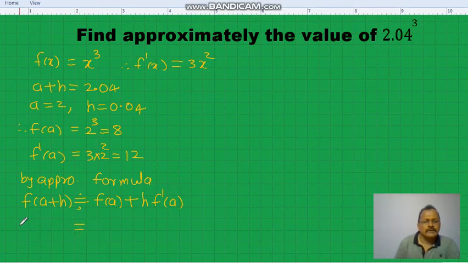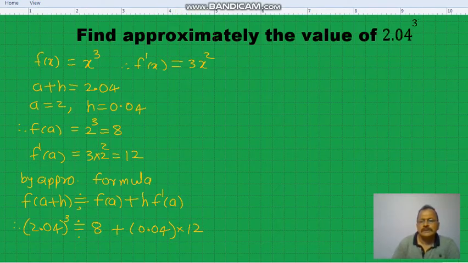This is f of a plus h, that is 2.04 bracket cube, approximately equal to f of a, the value is 8, plus h, that is 0.04, multiplied by f dash a, that is 12.